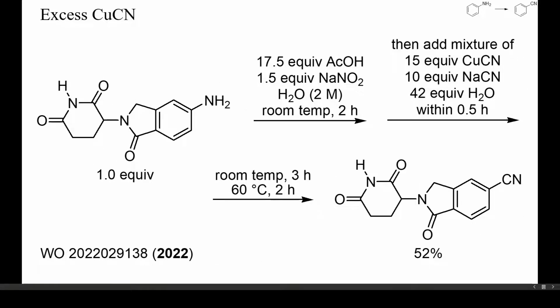More problematic are starting anilines that contain other functional groups which can be nitrosated. These include alcohols, amides, and primary or secondary amines. In this case, the starting material also contained an imide, but still the expected nitrile could be obtained in 52% yield, despite the excess of nitrite.